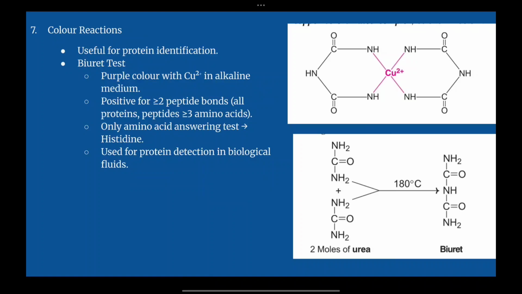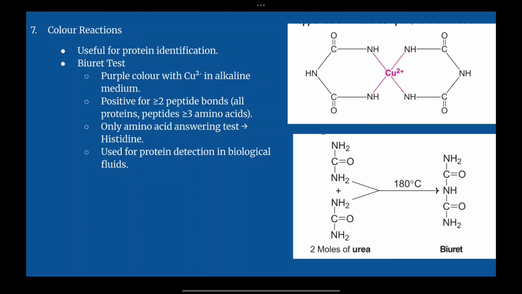Now, color reactions are used to determine the presence of protein in a chemical or a precipitate. How do you do it? There is the biuret test, wherein a purple color with the copper ion in an alkaline medium is used to determine the peptide bond present in a sample.